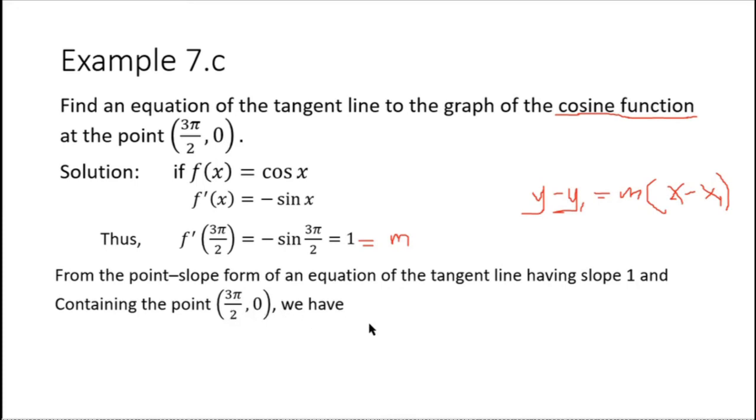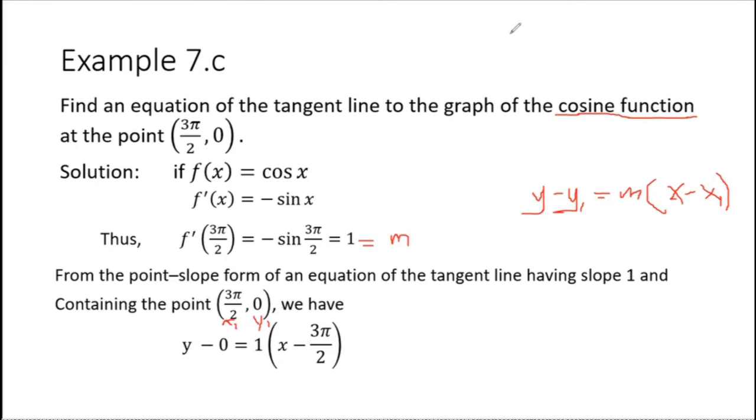So we have, using this form, y minus y sub 1, which is 0. Because in our point, this is our x sub 1 and the 0 is our y sub 1. Then our slope is 1, times x minus our x sub 1, which is 3 pi over 2.